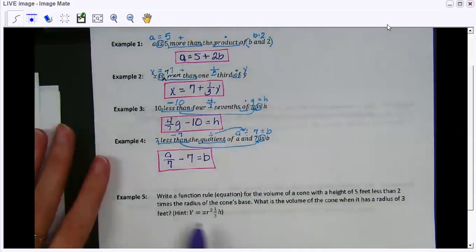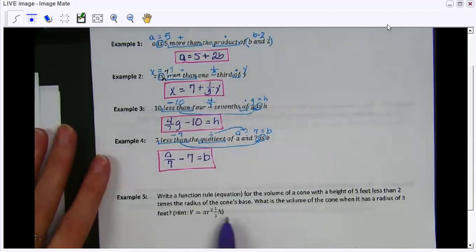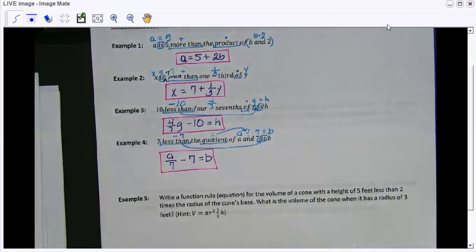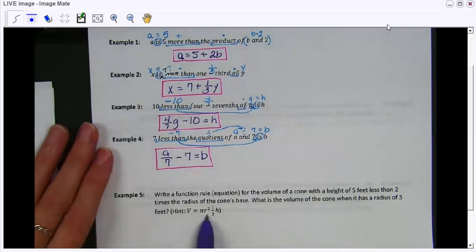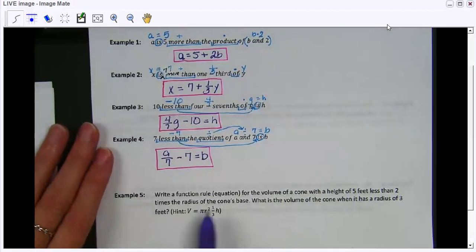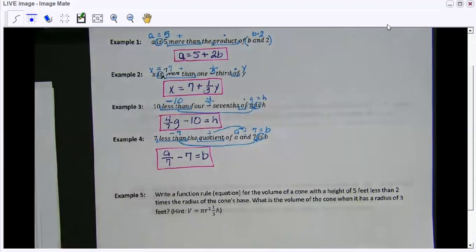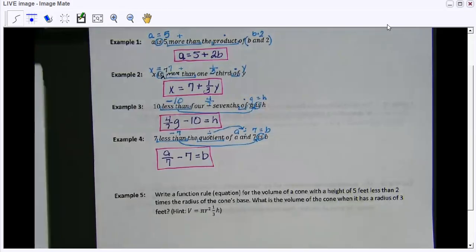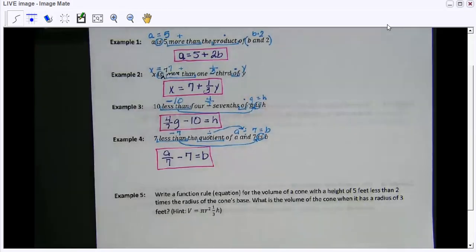Because we could have in here that the radius is 2 and the height is 5, and then it would be easy, right? We would just do pi times 2 squared times a third times h, plug that all into our calculator, and there we have it. But sometimes we have these phrases or expressions that we plug in and not actual numbers when it comes to algebra. So let's look at this.